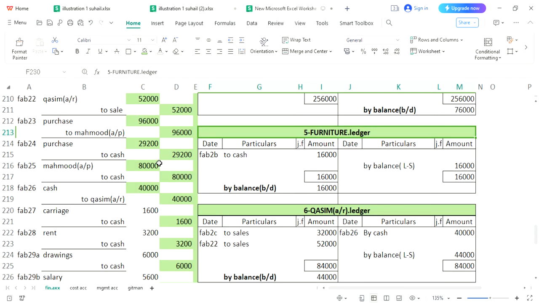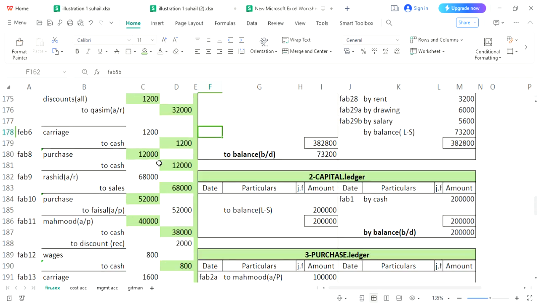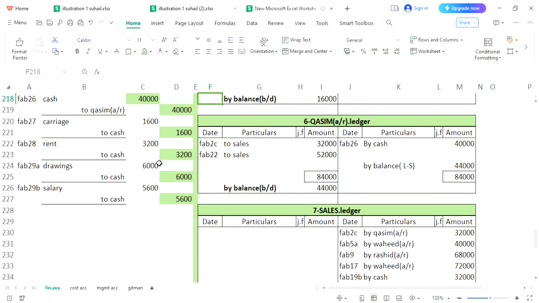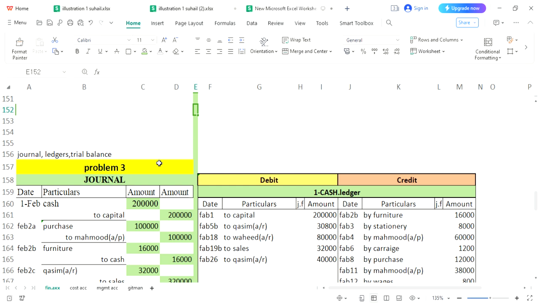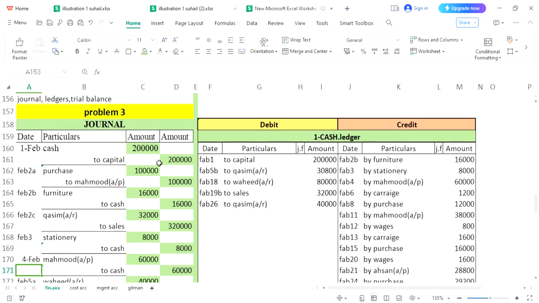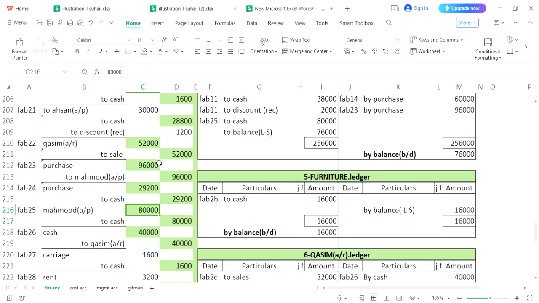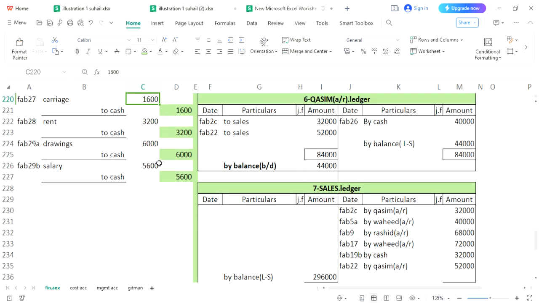Let's go back and check Qasim's ledger again because it has become doubtful. So for Qasim account receivable, we'll have to see all entries of Qasim again. First, Qasim is over here, 32,000 is debited, and in Qasim's ledger, here it is, 32,000 is debited.